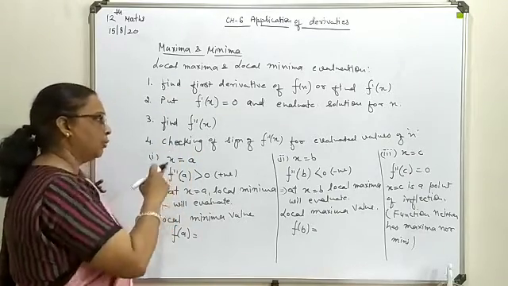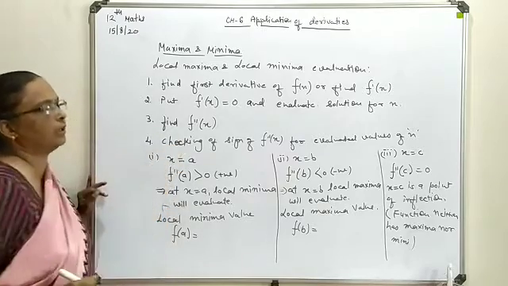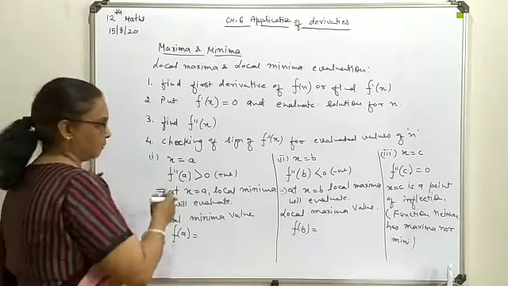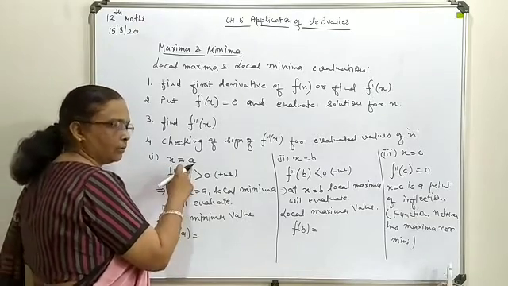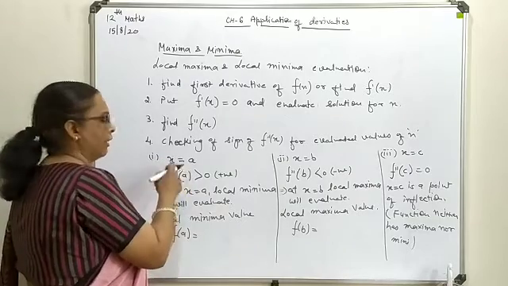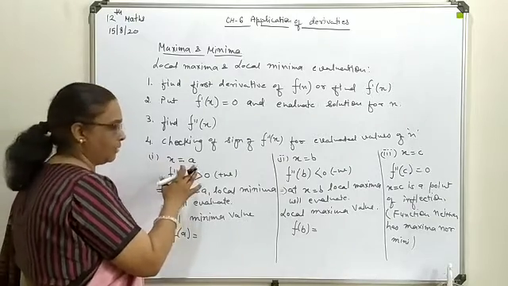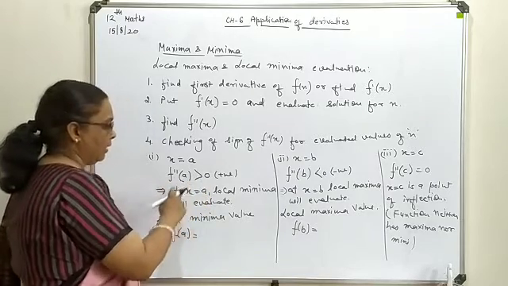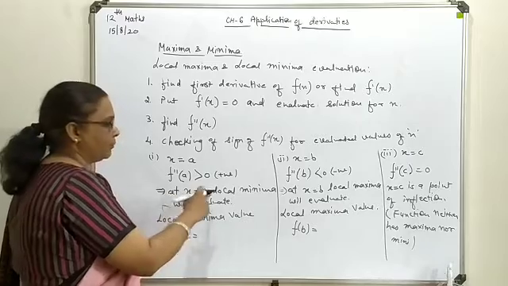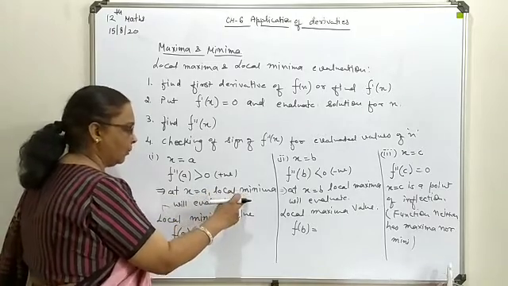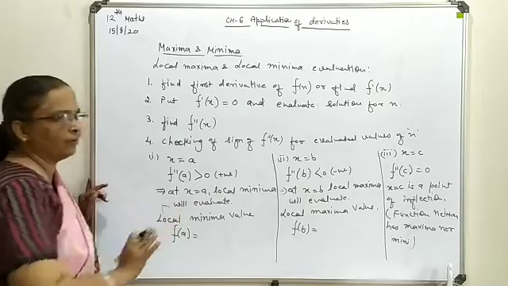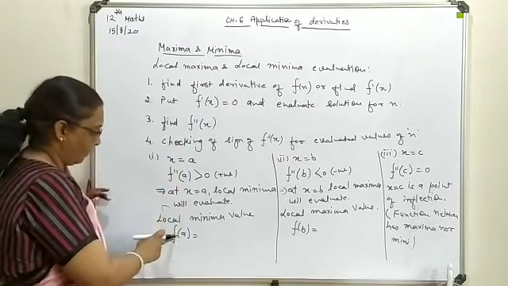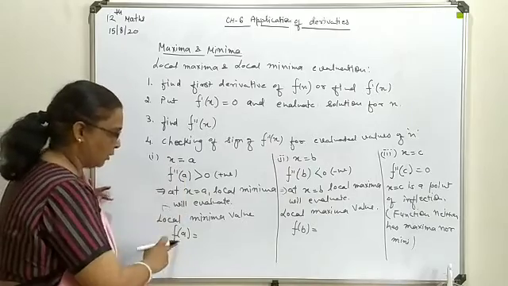Next step, check the sign of the second derivative for the already evaluated values of x. Suppose at a certain value, x is equal to a, your second derivative comes out as a positive quantity. At that point you will have a local minimum, and the local minima value is the function value at x is equal to a.